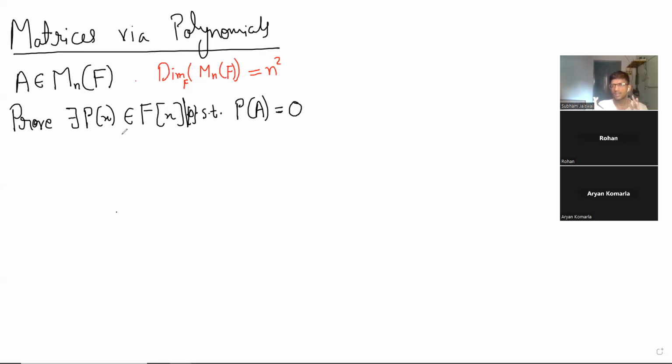Any set of size n squared plus 1 is linearly dependent, because a basis has size n squared.